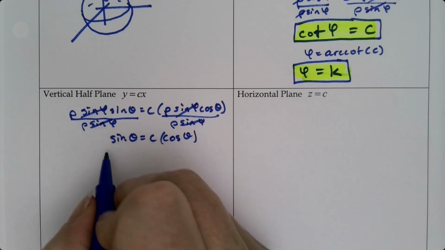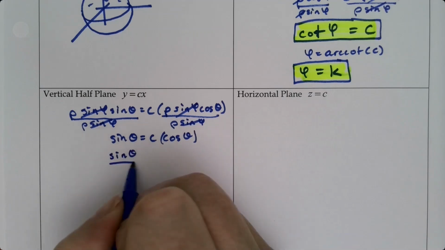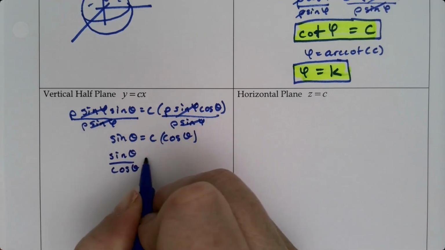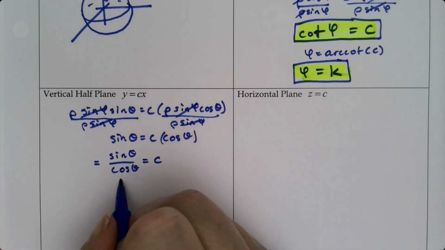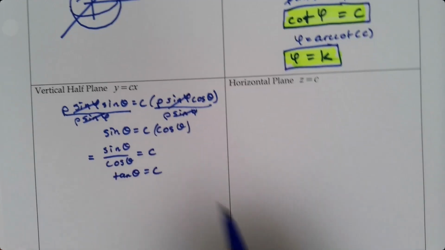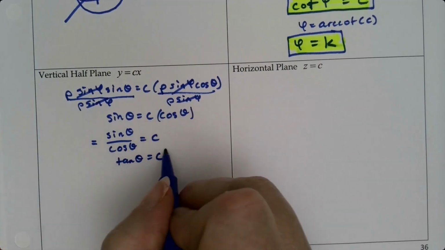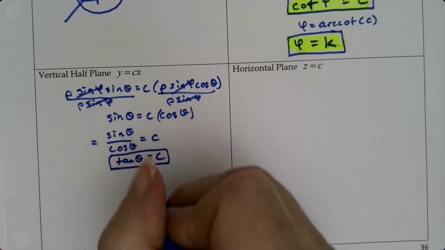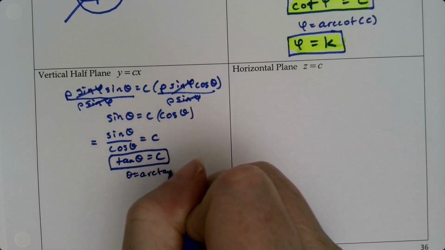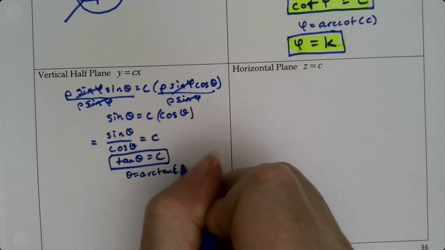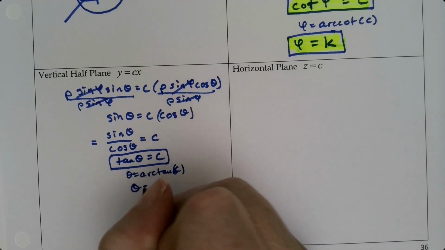So therefore, the sine of theta divided by the cosine of theta, which is the tangent of theta, is a constant. So if the tangent of theta is a constant, that would also mean, again, theta is the arctangent of a constant. So theta is a constant k.